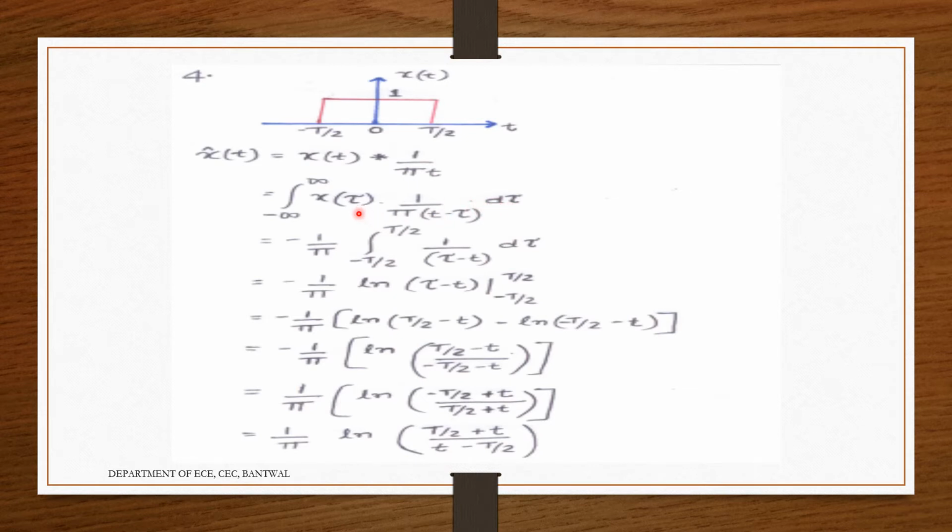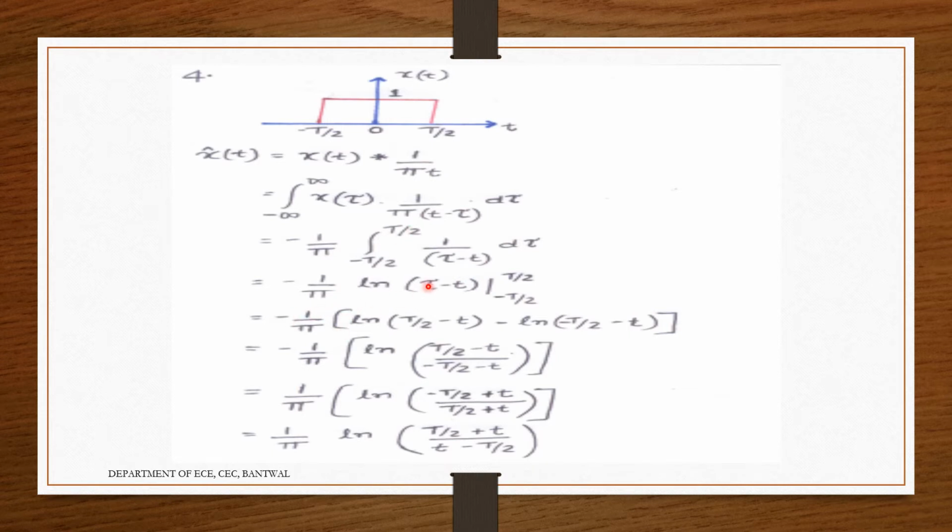So x of tau is nothing but 1. I am substituting the value directly here. So now d tau, that is the value here. So minus 1 by pi, and the value of this will become ln of tau minus t, varying from minus T by 2 to T by 2.